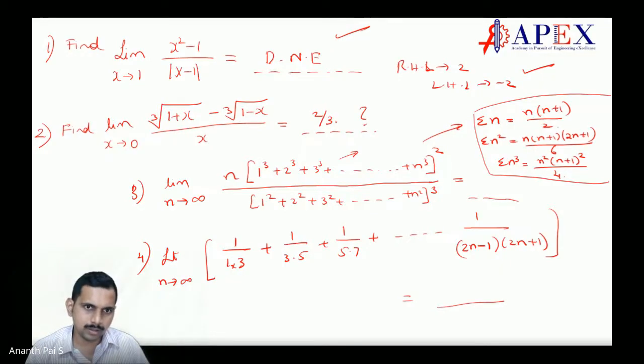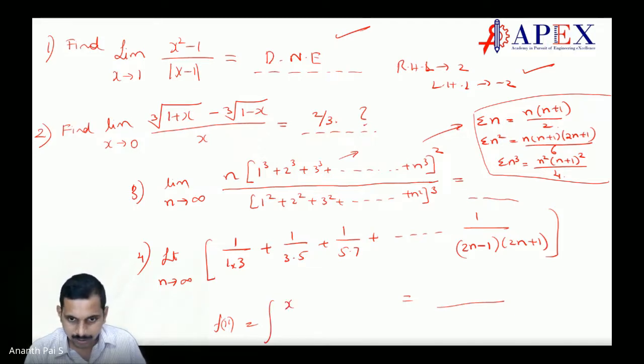Yeah. So f of x, from our previous one, x square minus 1 can be written as magnitude of x minus 1. It equals x minus 1 when x is greater than or equal to 1, correct?